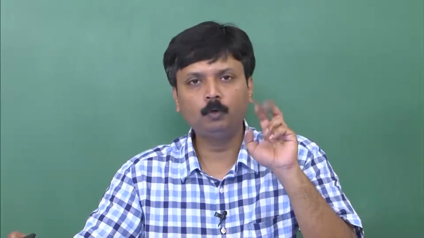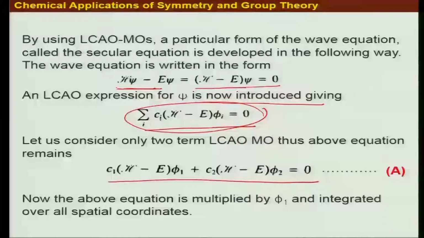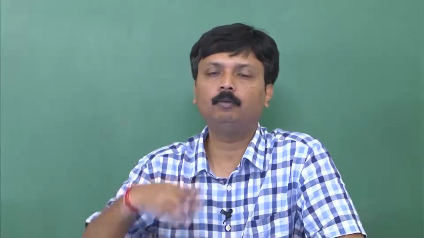So if I have two basis functions, phi 1 and phi 2, I can rewrite this equation as this. I term this particular equation A. Now if I multiply this equation by phi 1 and integrate over all the spatial coordinates, meaning over d tau, then what do we get?